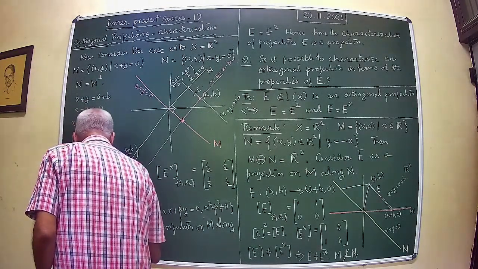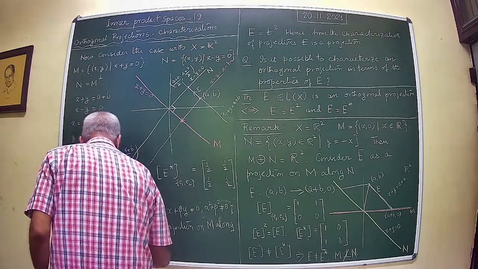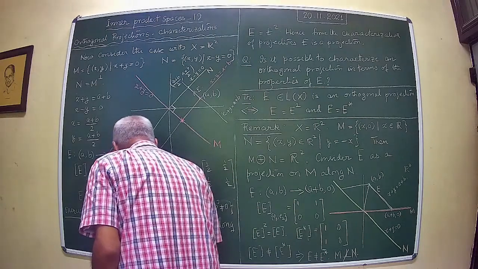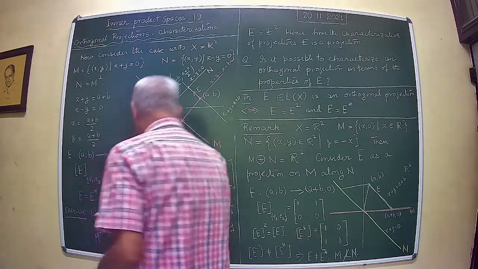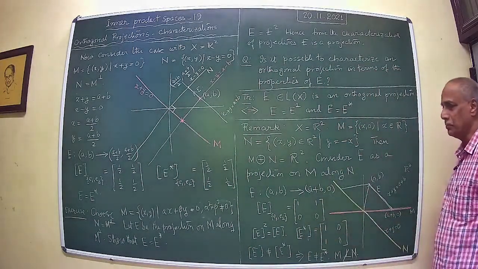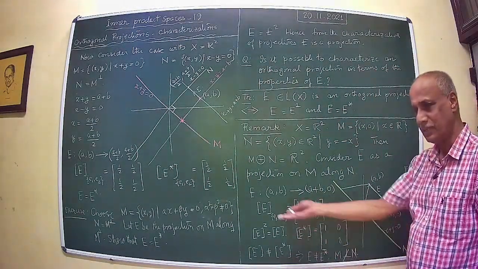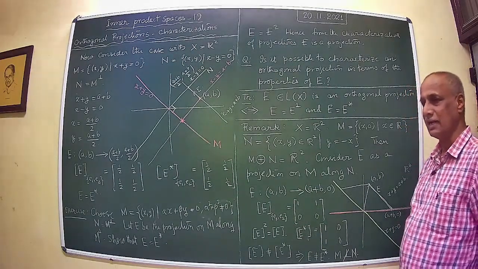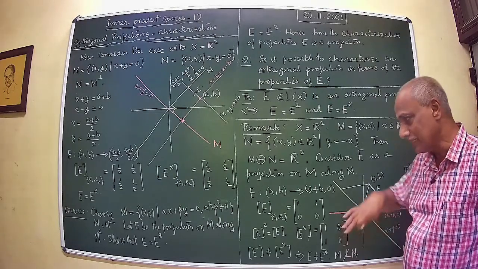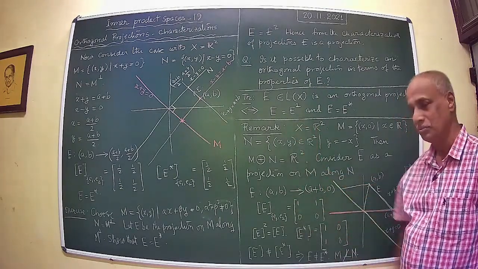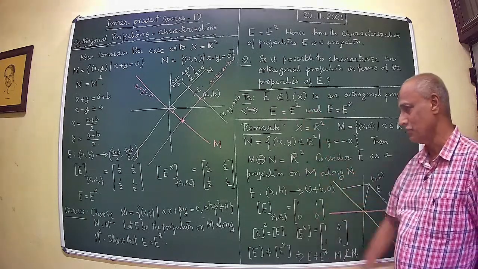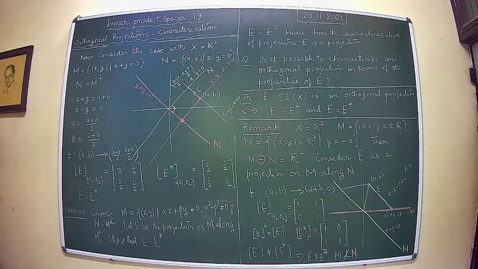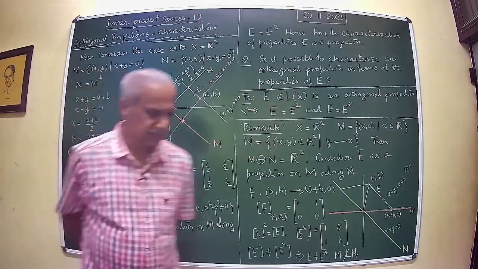Show that E equals E star. So that you do the computation, the general scenario. I have taken a very specific case. Okay, so you will be convinced that E equal to E star seems to be something that comes out at least in R2 with the general choice of a subspace M and its orthogonal complement as N. So I leave the computation to you.